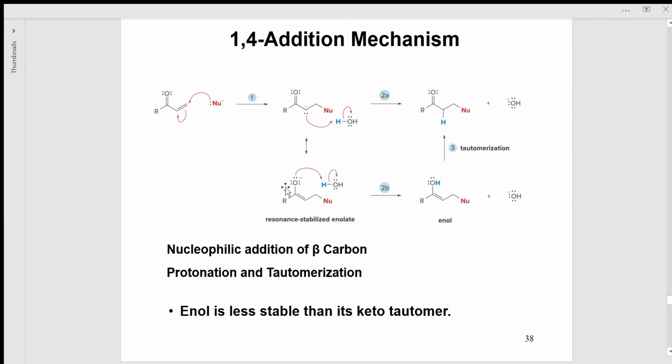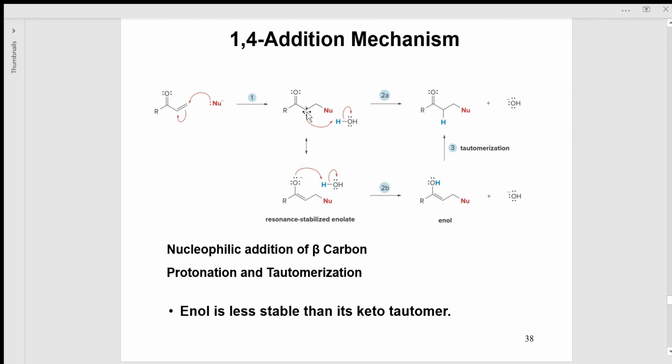So this forms an oxygen anion here. By doing this, I also call this a good neighboring effect. The negative charge shifts from the number 3 carbon to the number 1 oxygen.